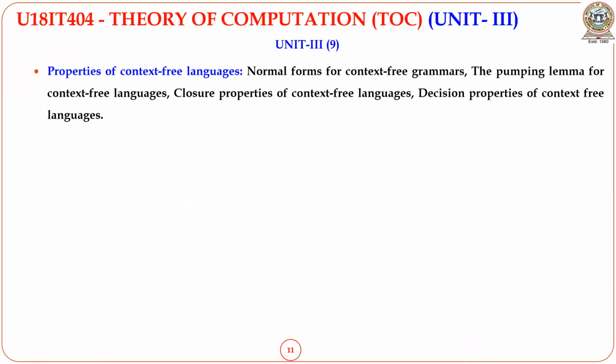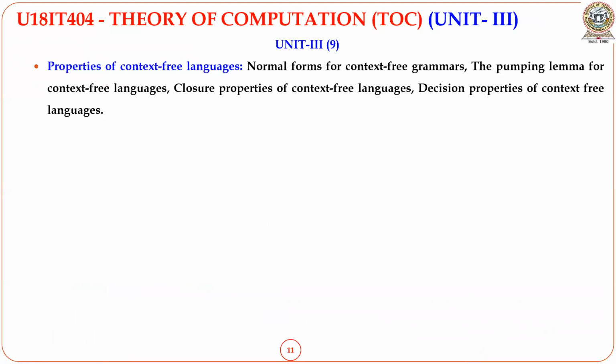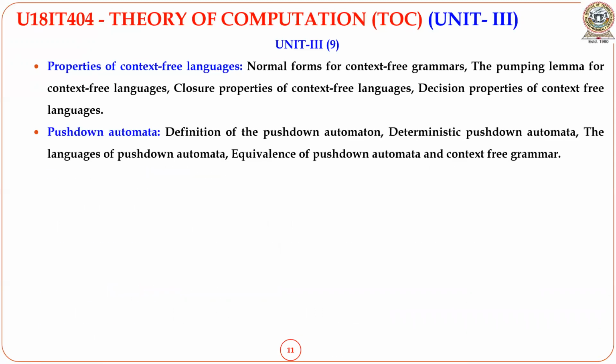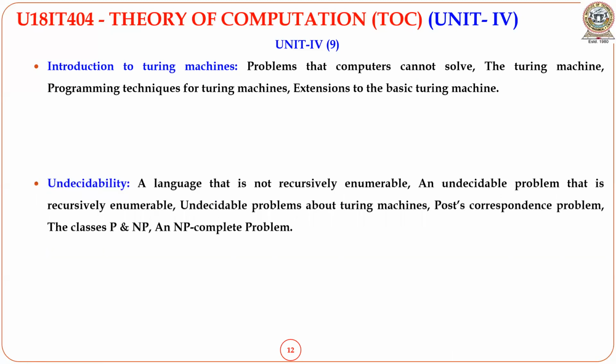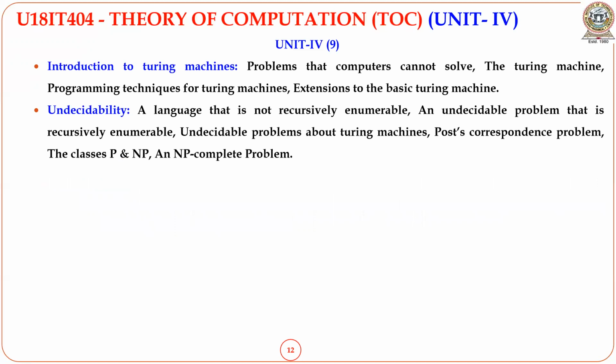In Unit 3, you're going to learn about properties of context-free languages, the normal forms for context-free grammars, pumping lemma for context-free languages, closure properties of context-free languages, decision properties of context-free languages, push-down automata. In Unit 4, you're going to study Turing machines, problems that computers cannot solve, the Turing machine, programming techniques for Turing machines, and undecidability, a language that is not recursively enumerable.